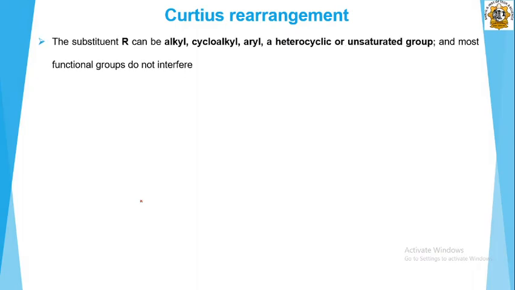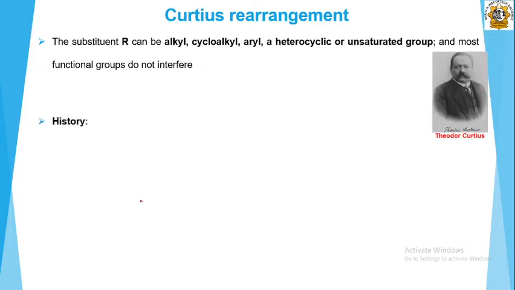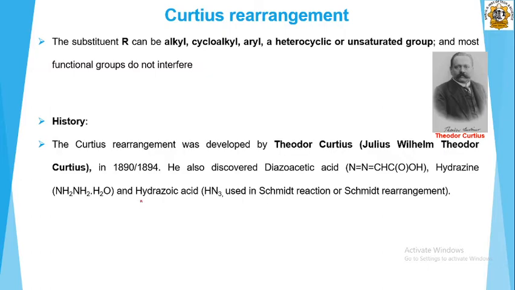The R group can be alkyl, cyclohexyl, aryl, heterocyclic, or an unsaturated group. Most functional groups do not interfere in this reaction. So what is the history? This reaction was discovered by Theodor Curtius, whose full name is Julius Wilhelm Theodor Curtius, in around the 1890s. He also discovered other reagents like hydrazoic acid and hydrazine hydrate.